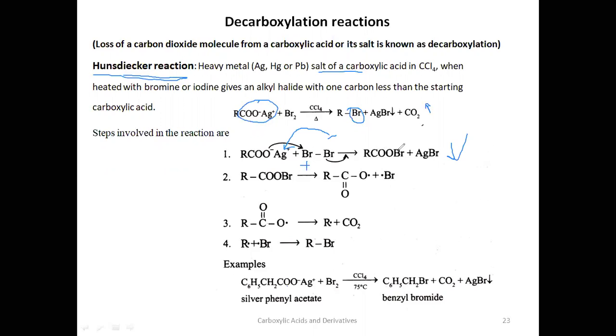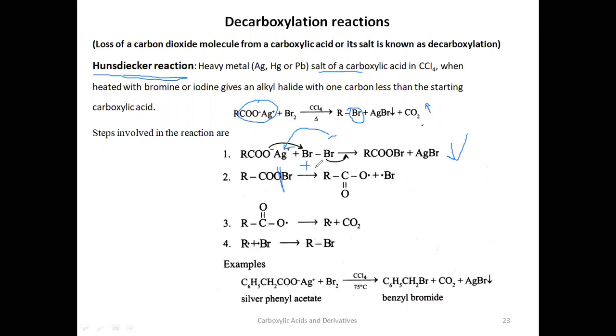Now this RCOOBr will undergo homolytic fission. Homolytic fission means the bond is breaking into two equal parts. The bonded pair between oxygen and bromine is shared equally, so each atom gets one electron.